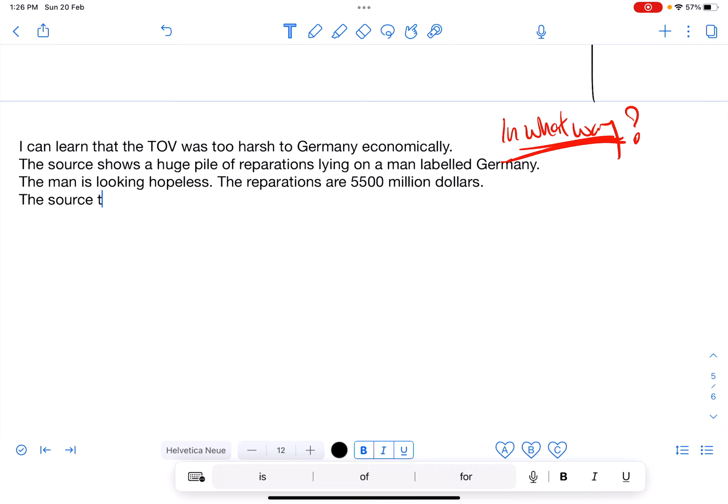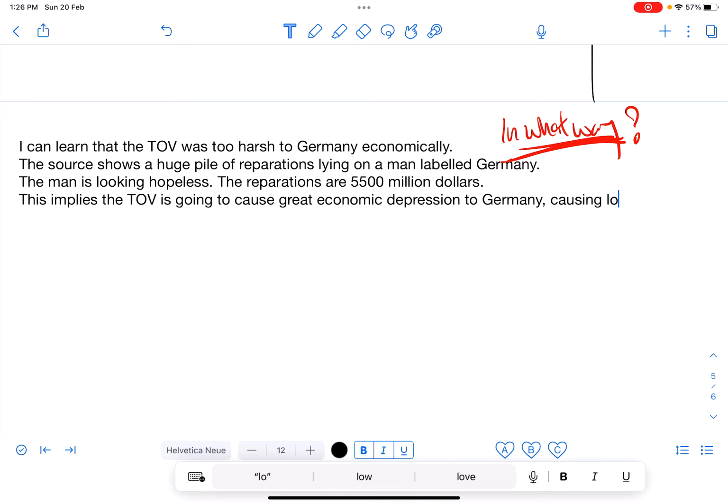So this implies that. Okay, focus topic again. Topic is TOV, right? So the fact that the reparations are lying down head first on Germany implies that TOV is going to cause great economic depression to Germany, right?